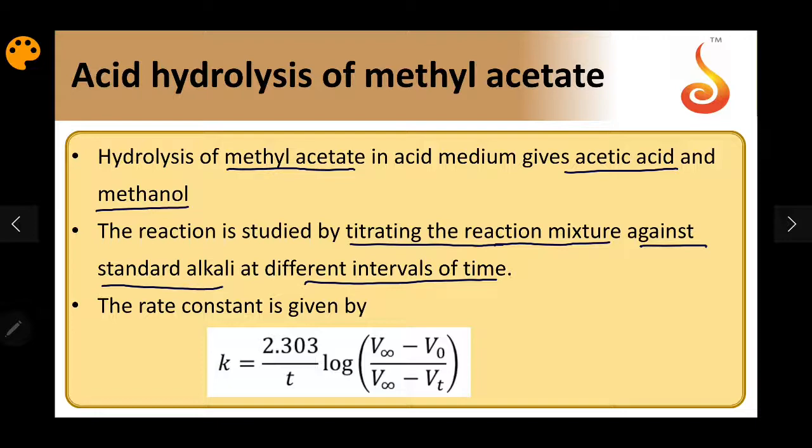So V infinity minus V0 corresponds to initial concentration, and Vt minus V0 corresponds to X. If I subtract X from A, I get V infinity minus Vt as A minus X. So K is equal to 2.303 by T into log of V infinity minus V0 by V infinity minus Vt.